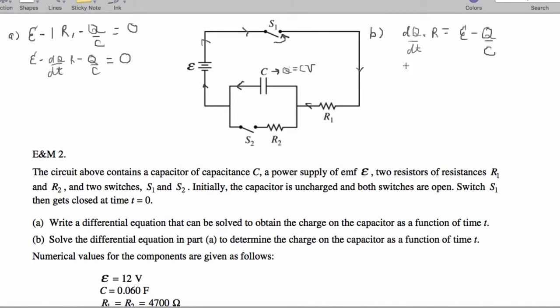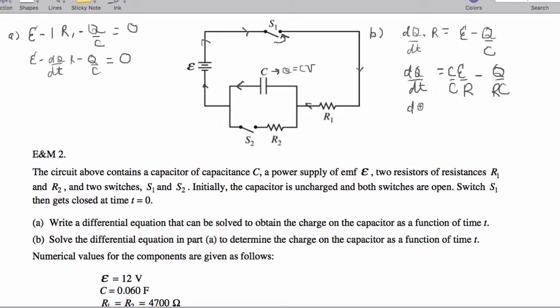Continuing, we're going to divide both sides by R, so dQ/dt equals EMF over R minus Q over RC. And what I'm going to do here is basically multiply top and bottom of this fraction by C over C to give me a common denominator.